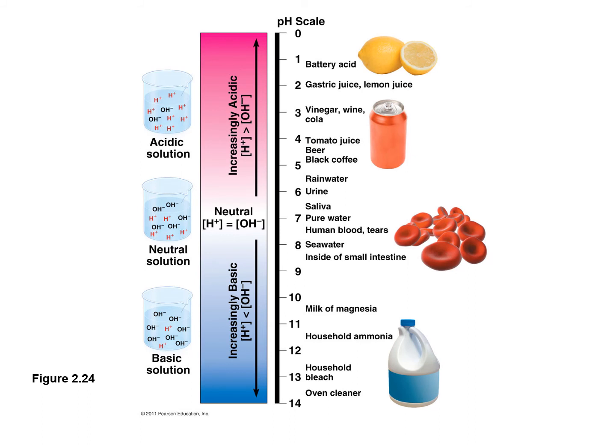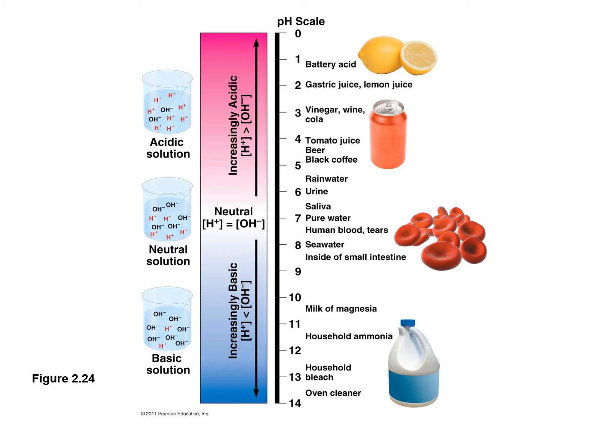So here's a version of the pH scale from chapter 2 in your textbook. And we see pure, distilled water. The concentrations of those two ions, hydrogen and hydroxide, are equal. On this particular example, if you go up in the scale closer to 0, we have an increase in the hydrogen ion concentration. It is becoming increasingly acidic. So keep that in mind.